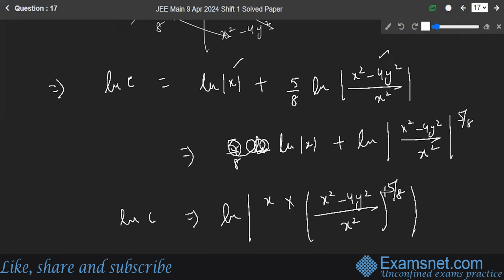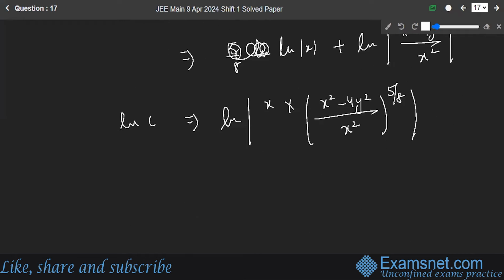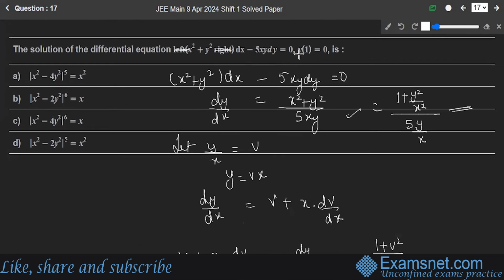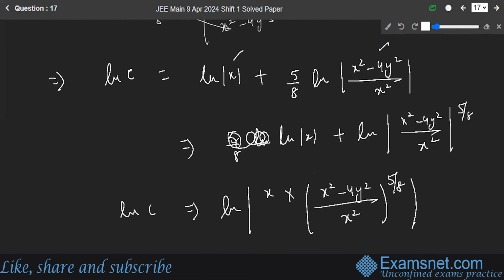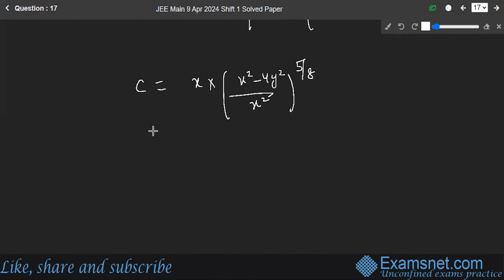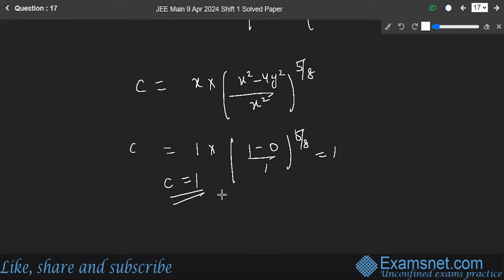This is equal to your log c. Cancelling log on both sides, this is equal to x into ((x squared minus 4y squared) upon x squared) raised to this power. Now you're given in the question that y of 1 is equal to 0. That means when x is equal to 1, y is equal to 0. So this gives me 1 into (1 minus 0) upon 1 to the power this. So this is equal to 1, that means c is equal to 1.